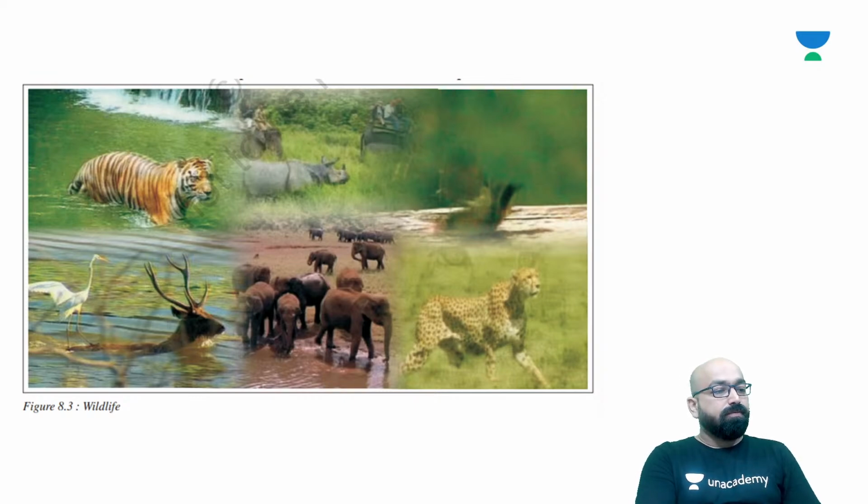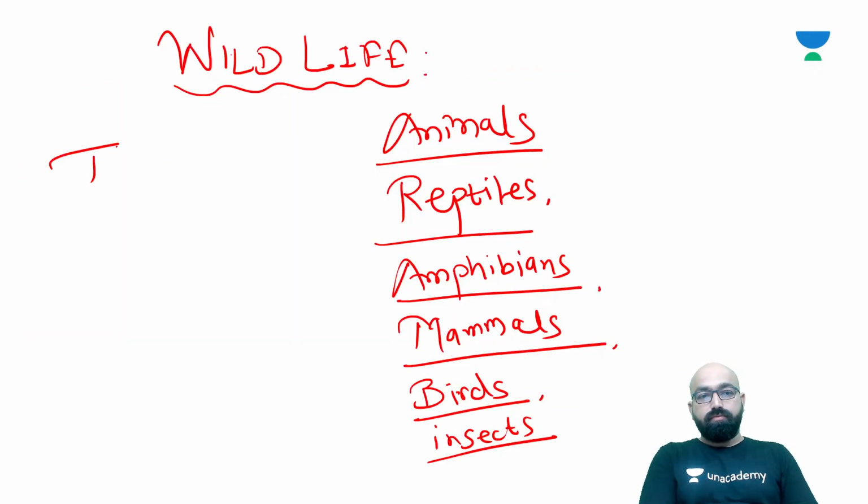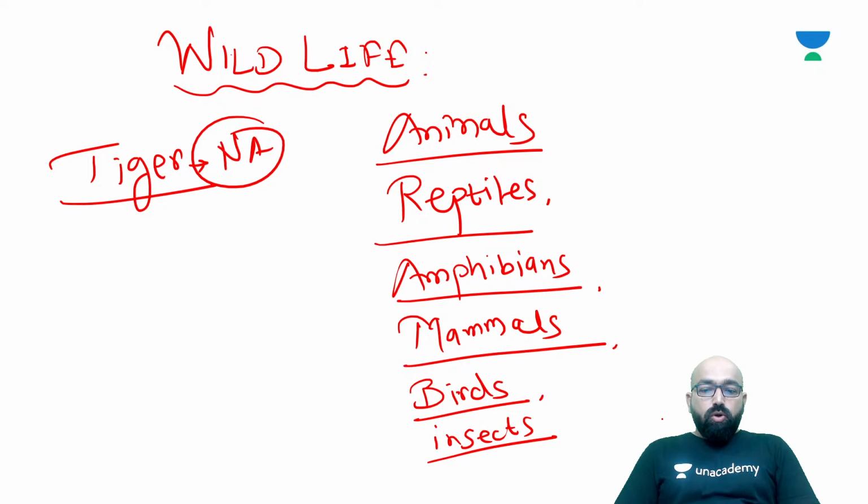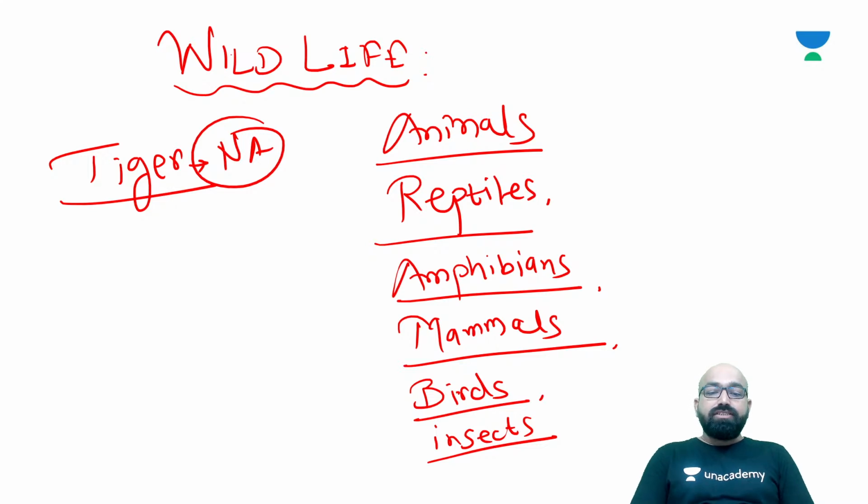So, when we are talking about wildlife, the tiger is our national animal. It is found in various parts of the country. Gir Forest in Gujarat is the home of Asiatic lions, elephants and one-horned rhinoceros roam in the forests of Assam. Elephants are also found in Kerala and Karnataka.